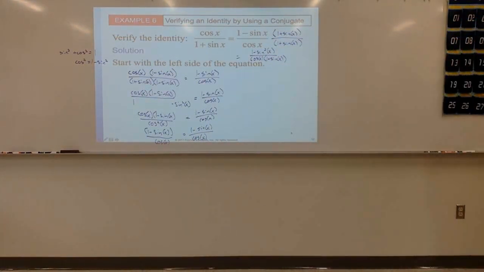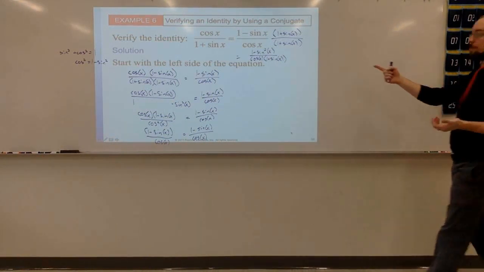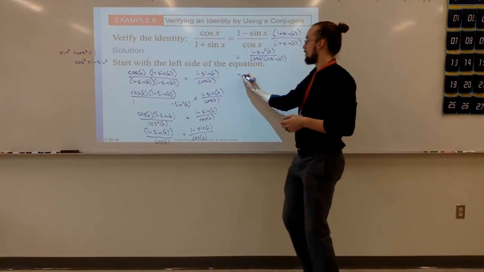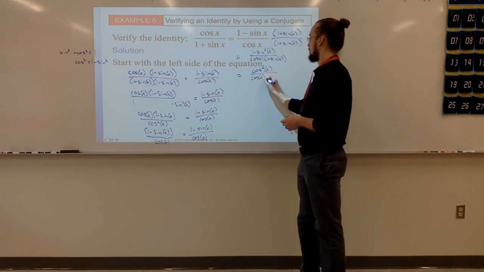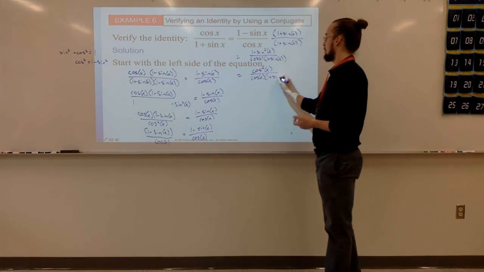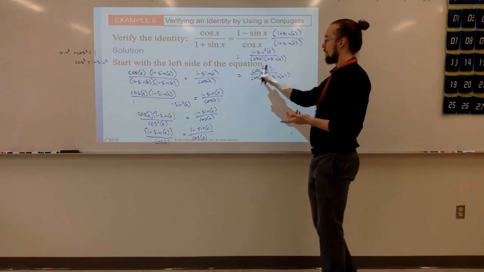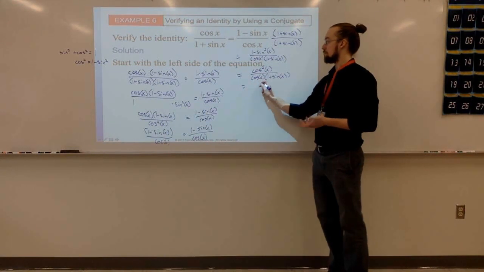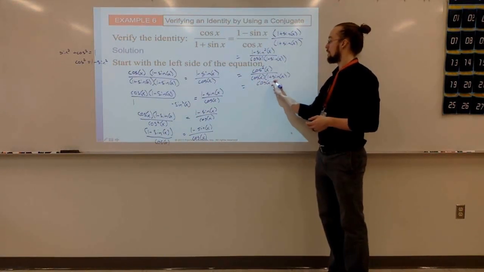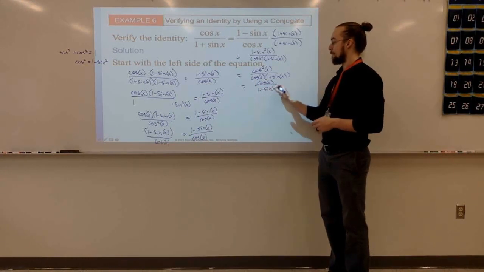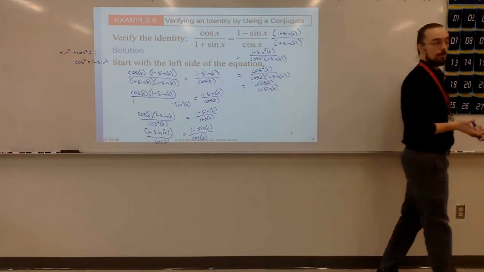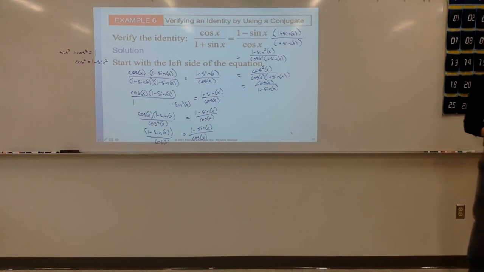We could then say 1 minus sine squared is cosine squared. So cosine squared over cosine times 1 plus sine. And then one of the cosines will cancel out. We get cosine over 1 plus sine. So yeah, we could have done it working with the right side here as well. Same process.